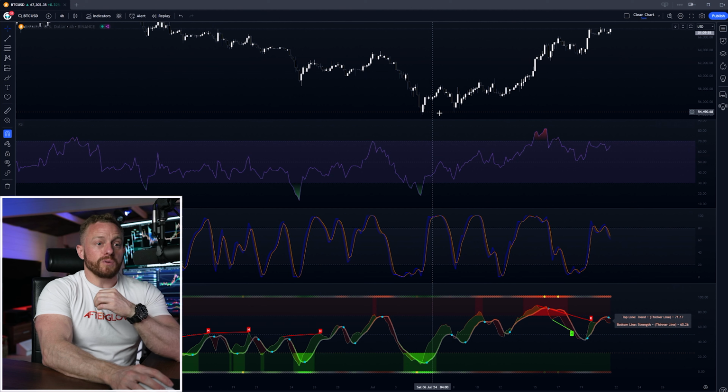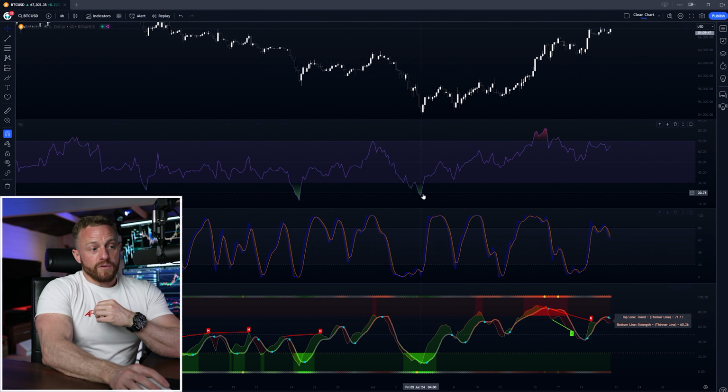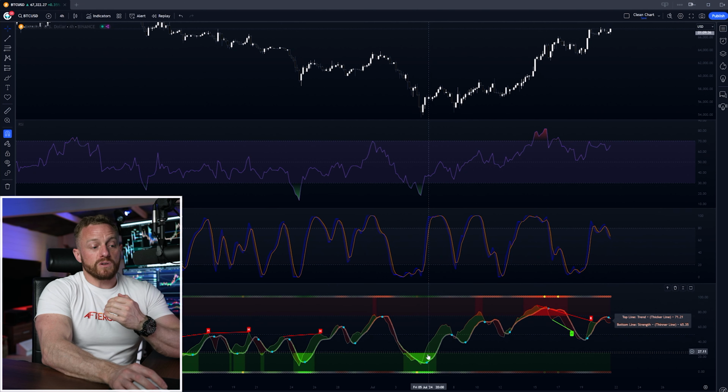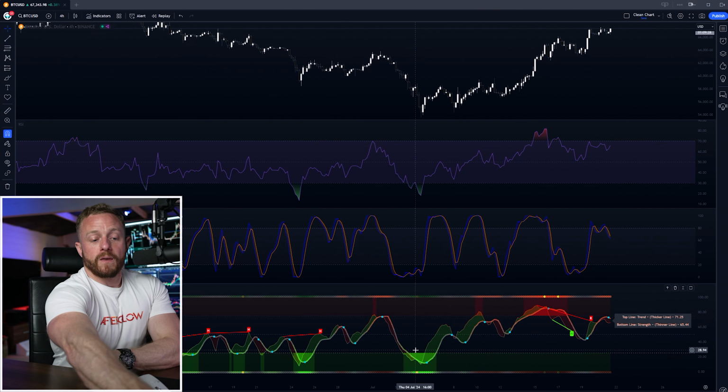For example, when Bitcoin recently bottomed out around 54,000 here, the RSI was calling that oversold signal. And then the StochRSI gave us an early warning that momentum was shifting and we were going to get that bounce. Well, you can see the similar signal was flashing on the Harmony Oscillator from TrendMaster.